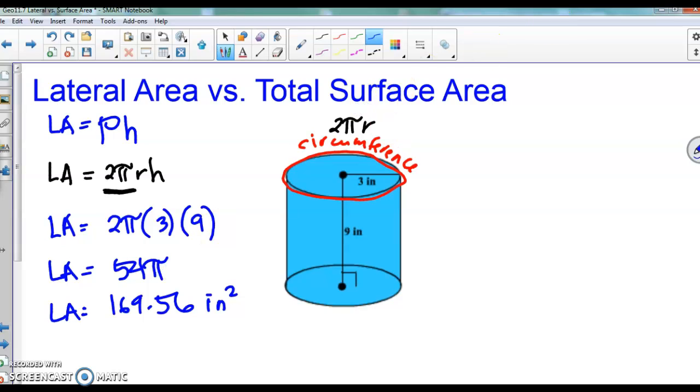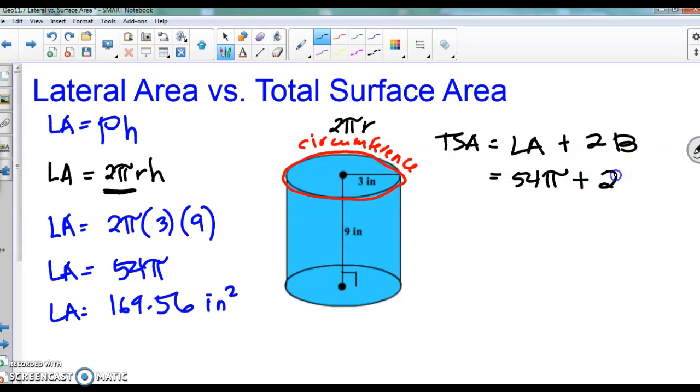Okay, now let's go to the total surface area, which is LA plus 2B. We know our LA is 54 pi, plus twice the area of the base. Now you're going to get the base area, which is a circle. So that will be pi r squared. So it's pi times your radius, 3, squared. This becomes 9 pi.